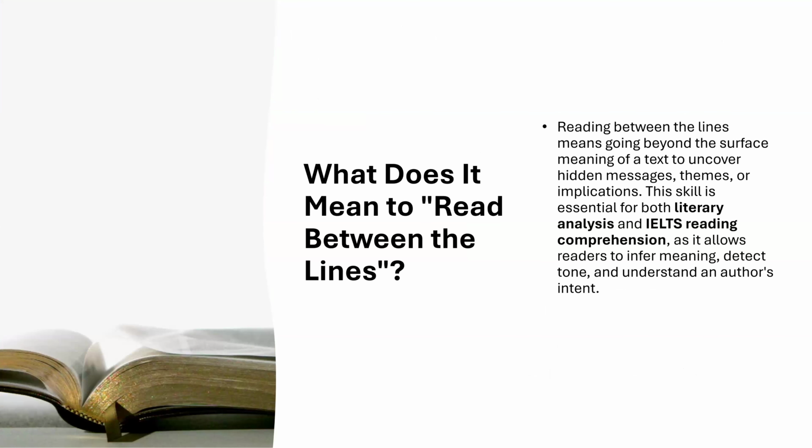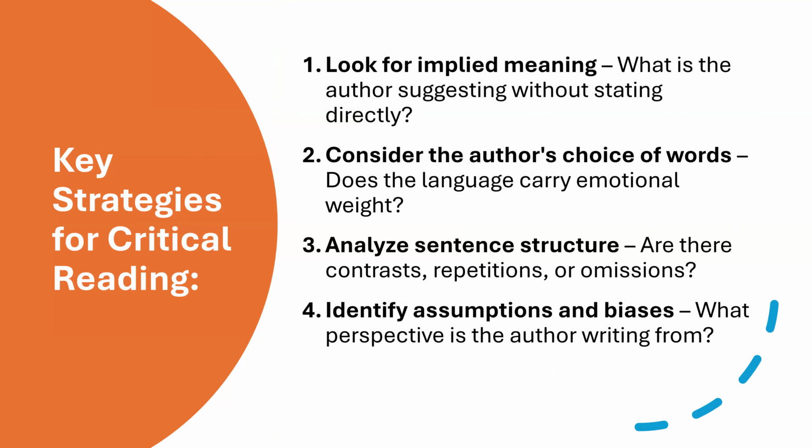I've talked about reading between the lines. We talked about the tone with regards to reading between the lines, and then key strategies for critical reading. So you're looking for implied meaning when you're reading. What is the author suggesting without particularly stating it? You want to consider the author's choice of words.